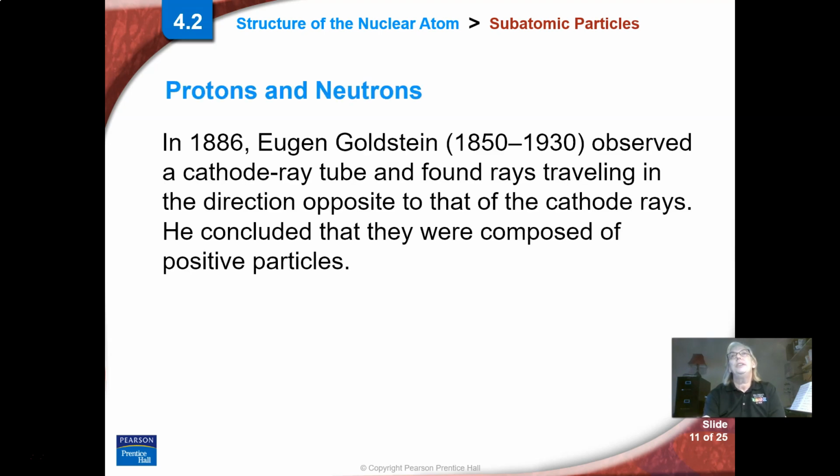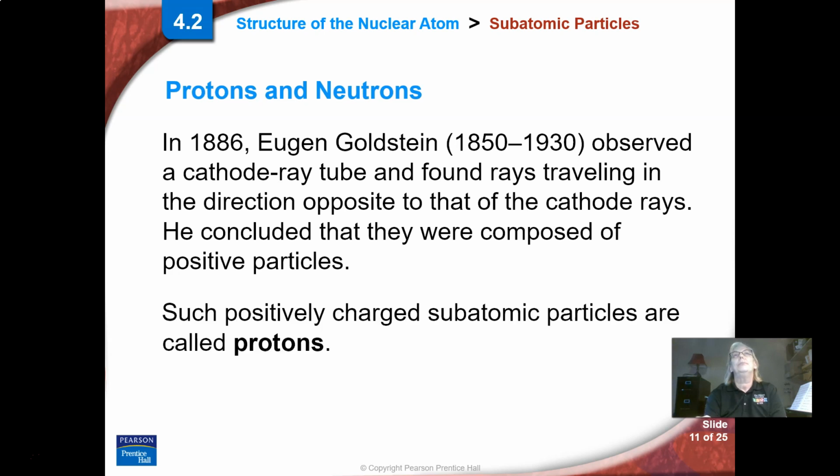Another person worked with the cathode ray tube and found rays traveling in the direction opposite of the cathode ray, and he thought those particles were probably positive because they were doing the opposite of what the cathode ray was doing. He called those protons, and they are positively charged.